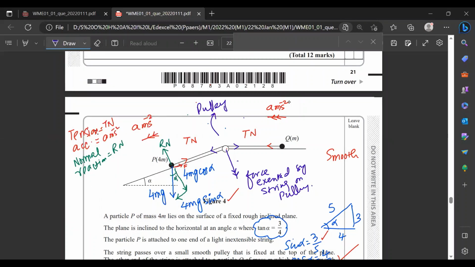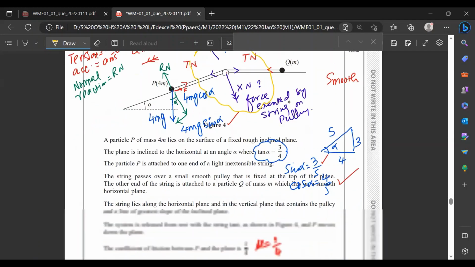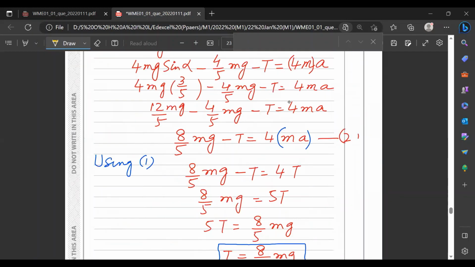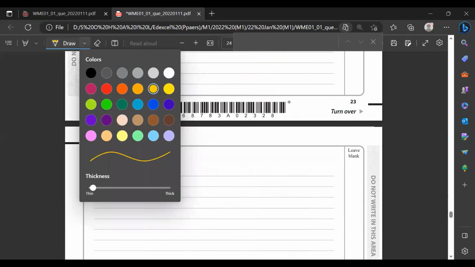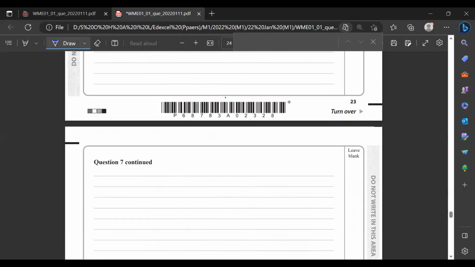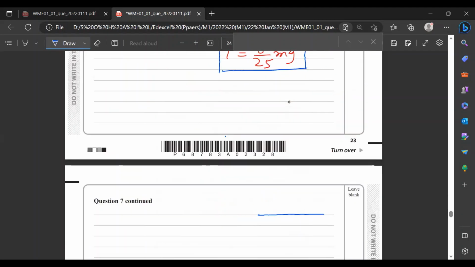There are many different methods for finding this. For this part, my entire focus should be here, on T, T, and X. So let us draw this. One force is here, which is T newtons.